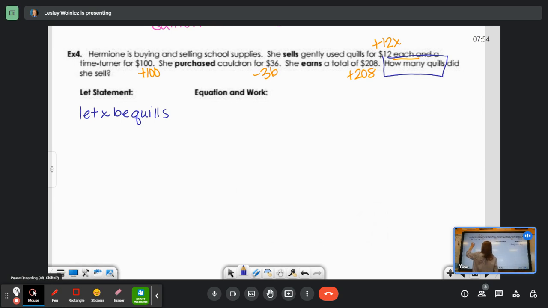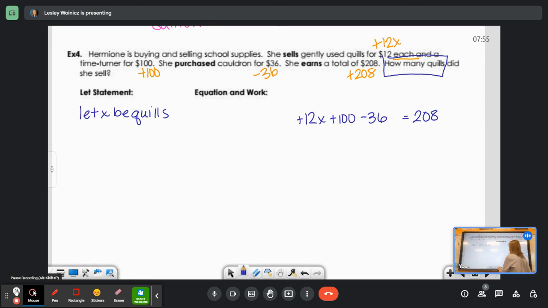We know on the total side we've got $208 that she's making. Okay, so she's selling the quills, 12x, that's positive. Selling the time turner, plus 100. Buying a cauldron, negative 36. That's our equation.